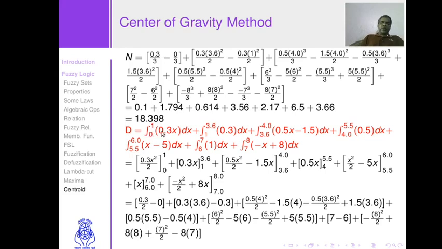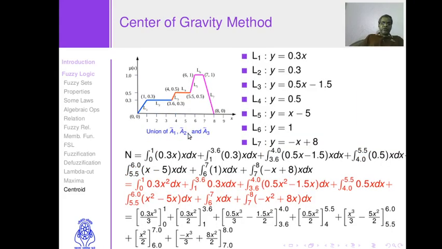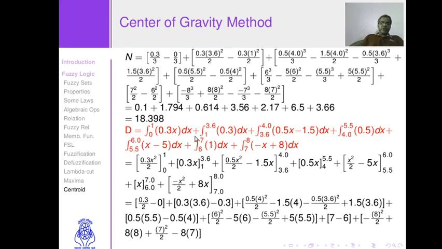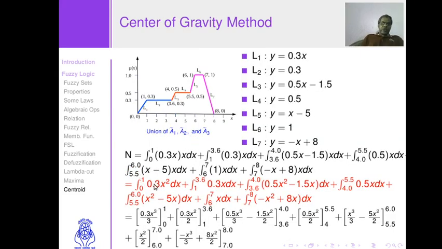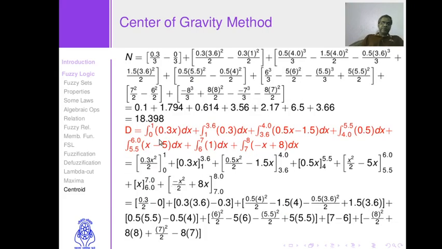Now let us determine the denominator. The only difference is that with the numerator we use x dx, and with the denominator we use only dx. So here it is 0.3 dx. In the denominator, this part becomes only 0.3 x dx.